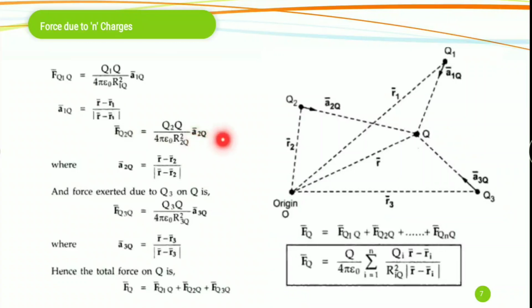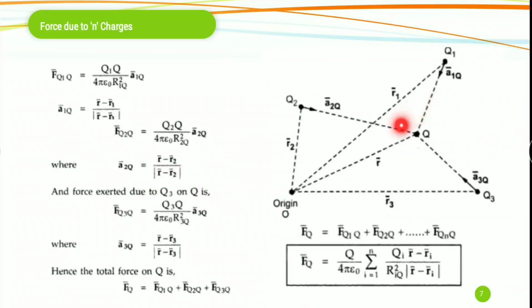Here again A bar 2Q is a resultant of R bar and R2 bar. So that's why A bar 2Q is written as R bar minus R2 bar by mod of R bar minus R2 bar.